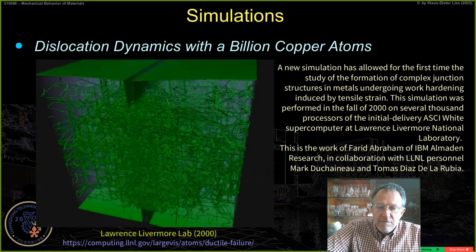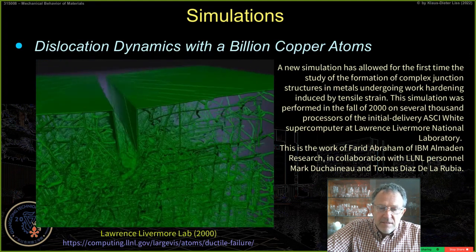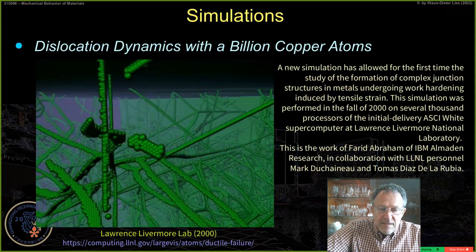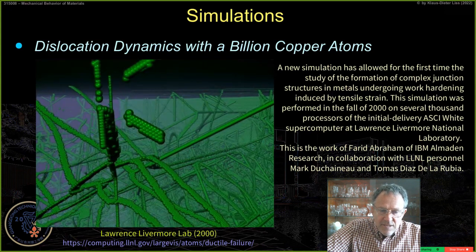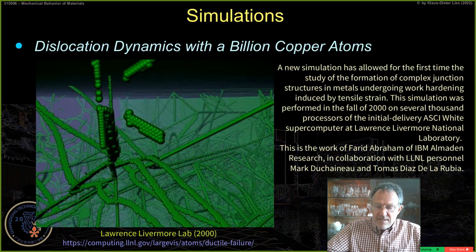Computers were not as powerful as now, but even nowadays, this is a huge simulation. What we see there is the dislocation network. They show only atoms which have some meaningful displacement, or registry, and all the other atoms are kept transparent, so that you can look into the dislocation structure.